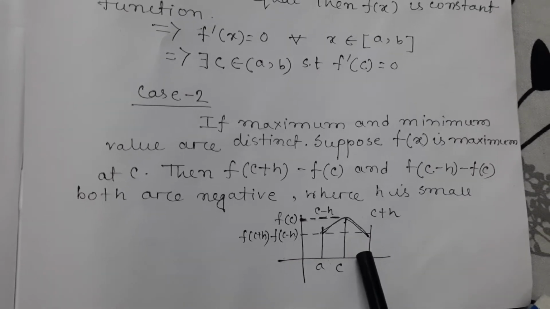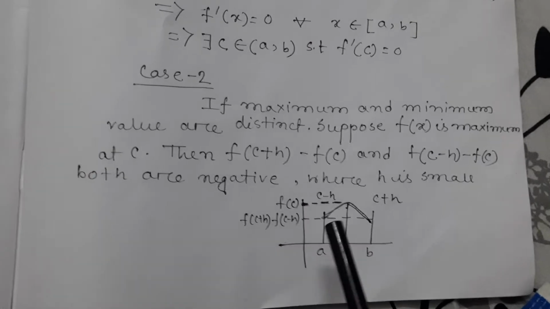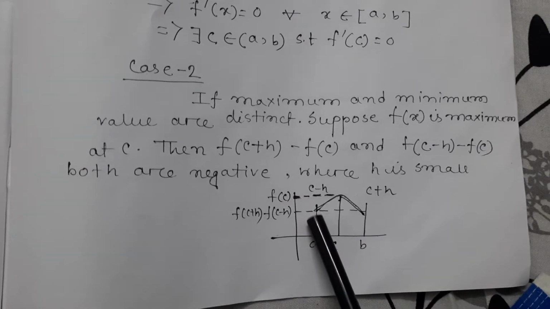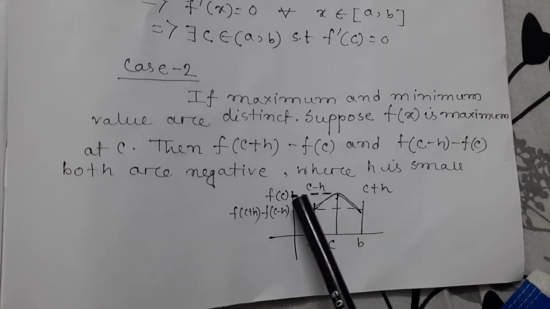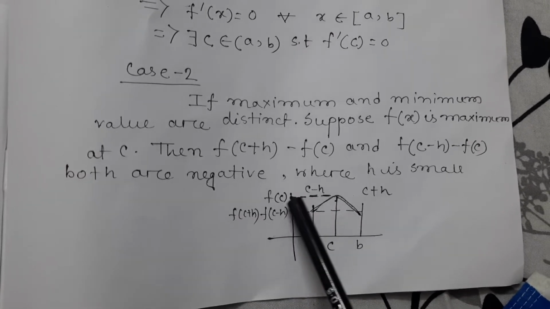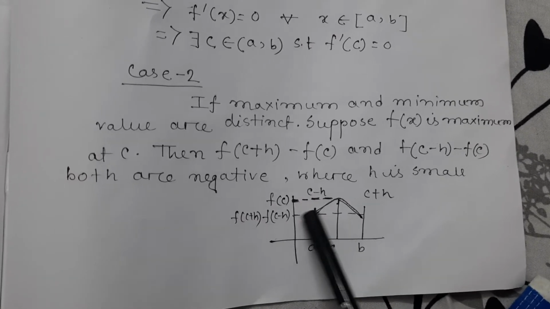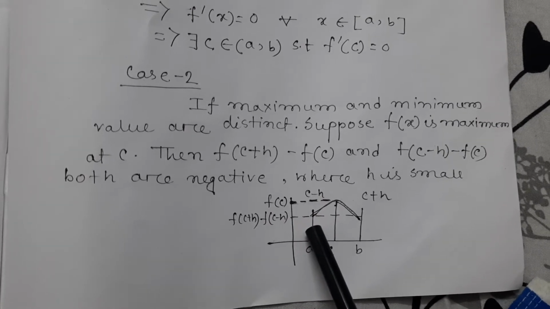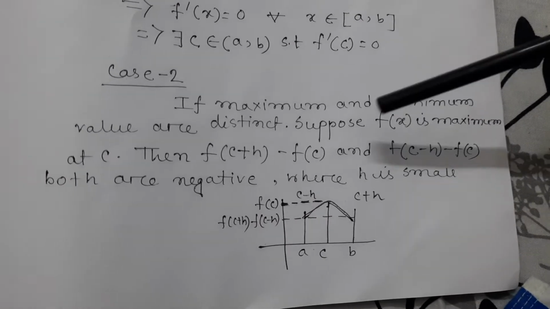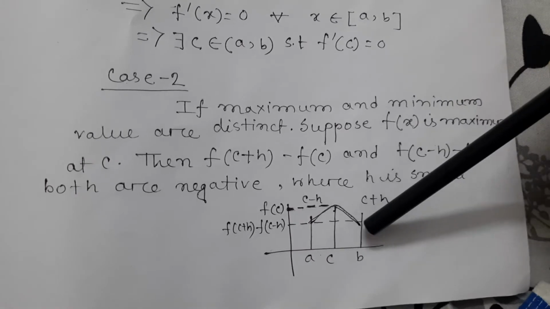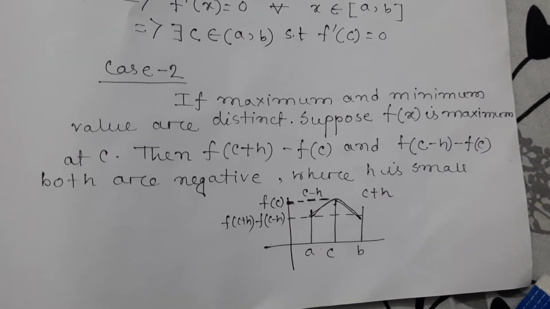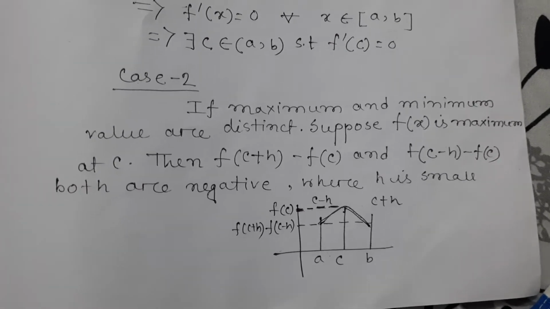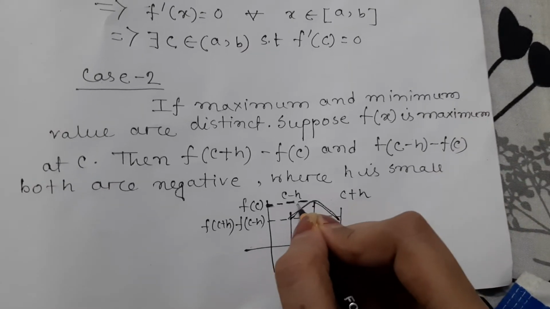Assume this distance is h, so this point is c+h, and this one is c-h.